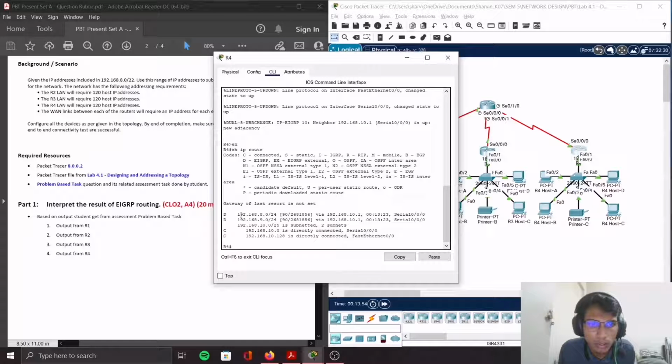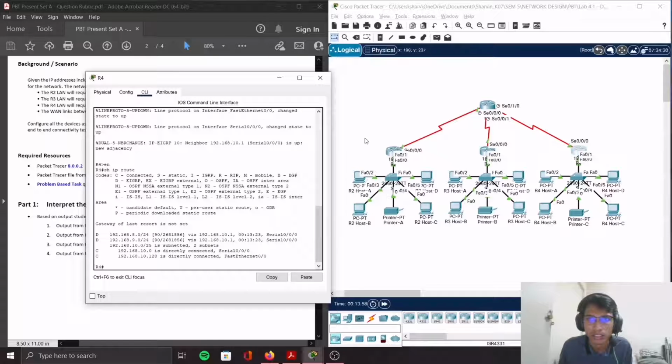The first network will be 192.168.8.0, which is the network of R1 to R2, and the second network will be 192.168.9.0, which is the network of R2 to R3.